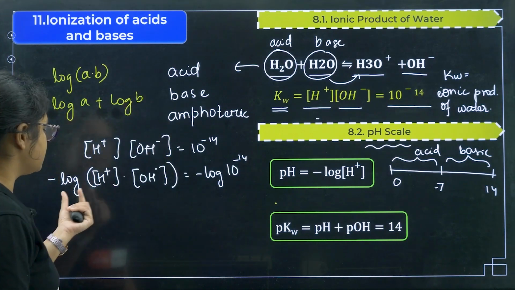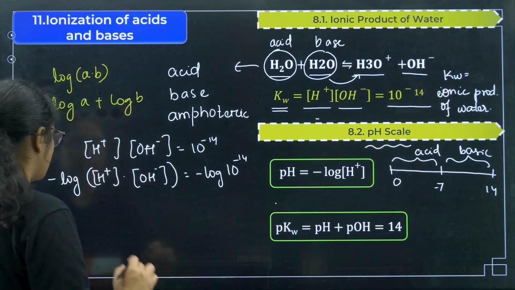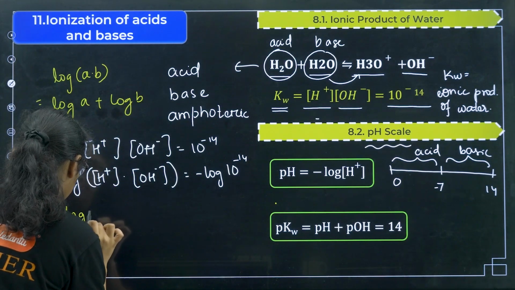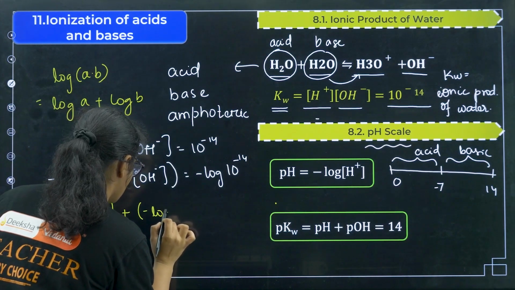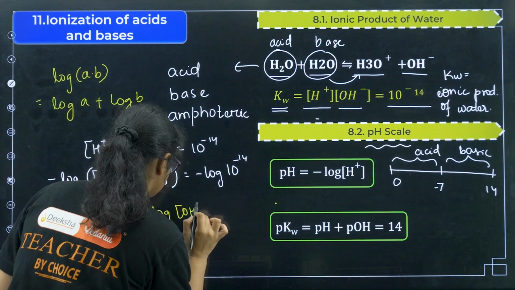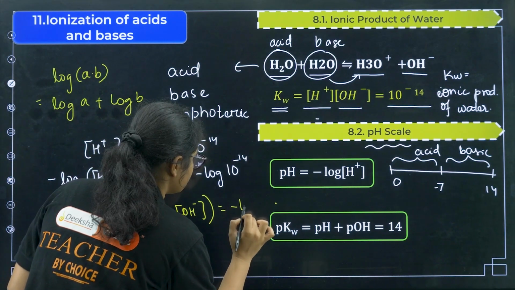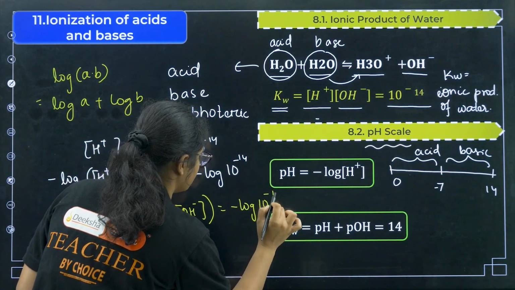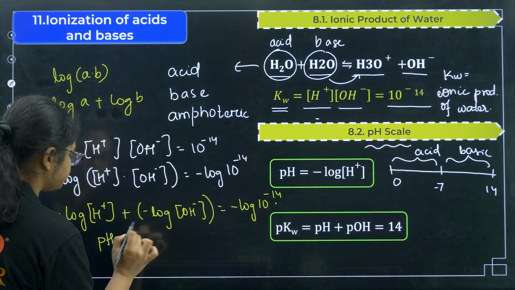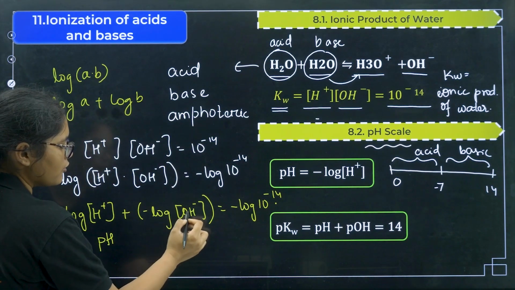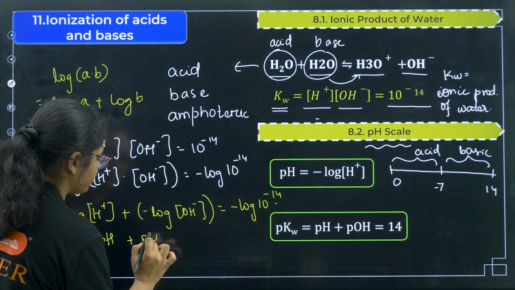So I can write minus log of H+ plus minus log of OH- is equal to minus log of 10 to the power of minus 14.